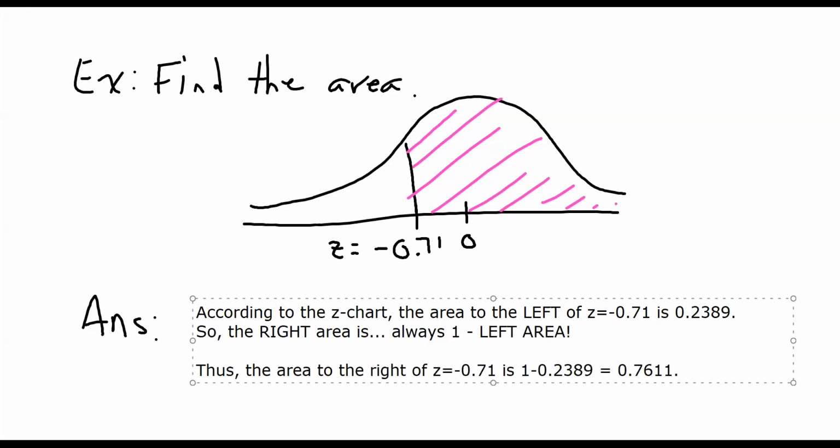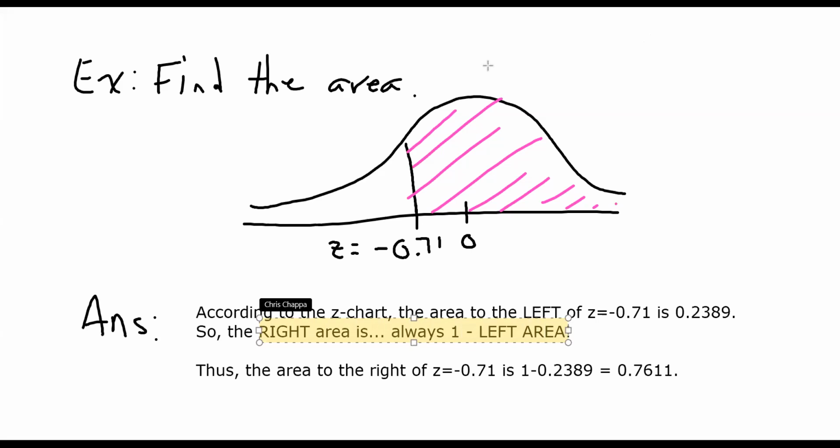So that's how you find right areas. I want to highlight that because it will pop up every once in a while, and it's important to remember that right area is always 1 minus the left area.